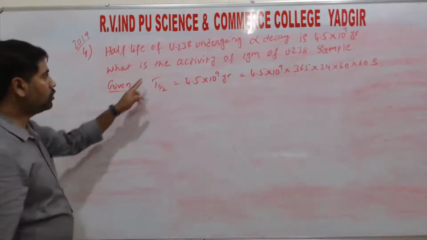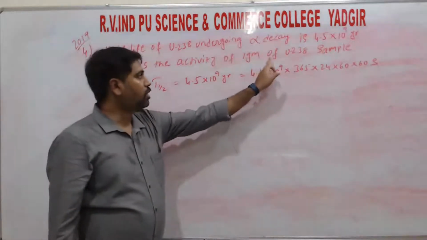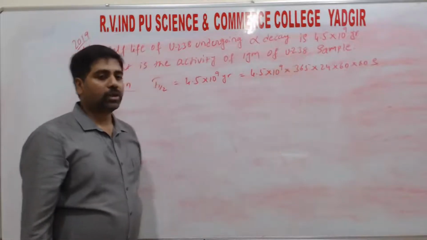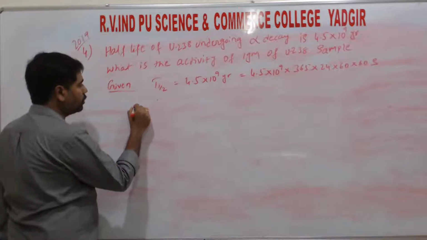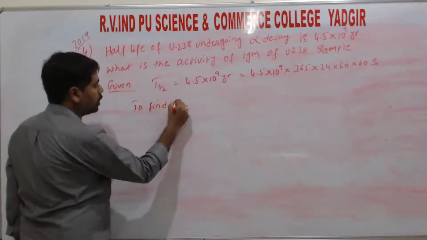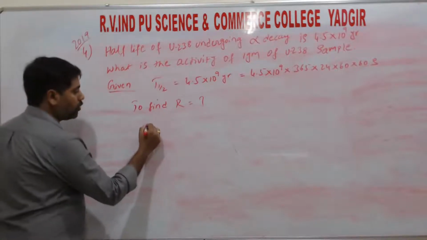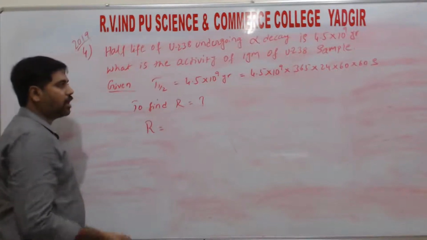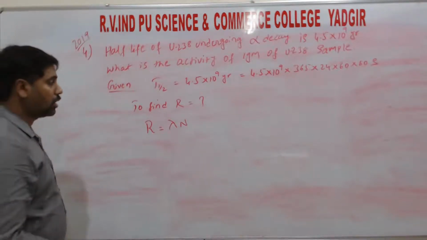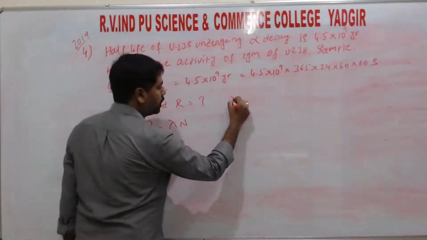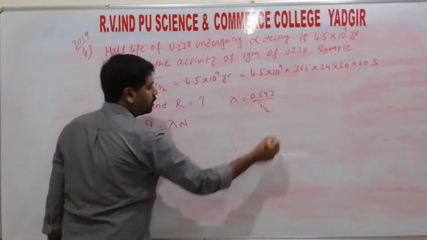Next, we need to find the activity of 1 gram of the uranium 238 sample. That means we need to find R. As we know the formula, activity R is equals to lambda n, and also we know the value of lambda, that is equals to 0.693 divided by T half, right?